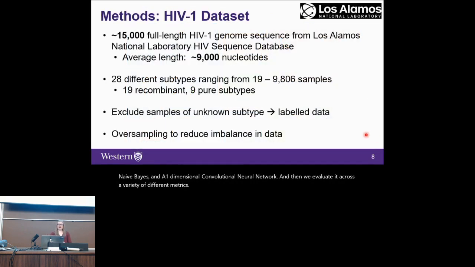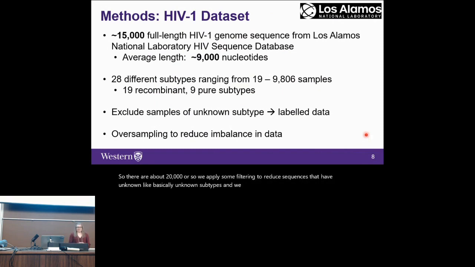So our data set comes from the Los Alamos National Laboratory data bank. We downloaded all of the full-length HIV-1 sequences from the Los Alamos database. There are about 20,000 or so. We apply some filtering to remove sequences that have basically unknown subtypes.